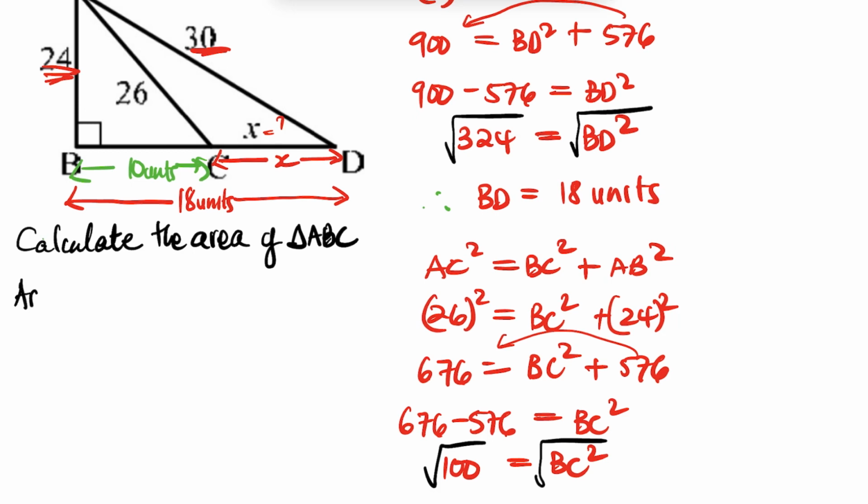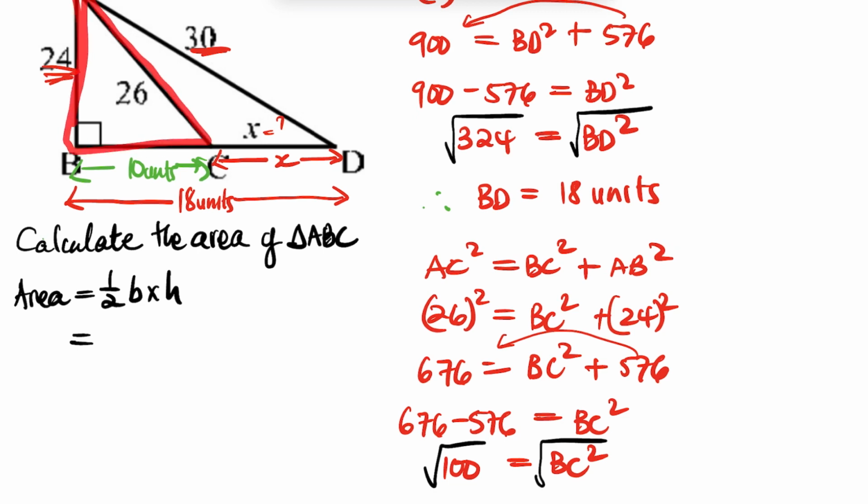Okay, the triangle ABC, we're referring to this triangle. So the formula for any triangle, most especially the right angle triangle, is half base times height. Half base times height.